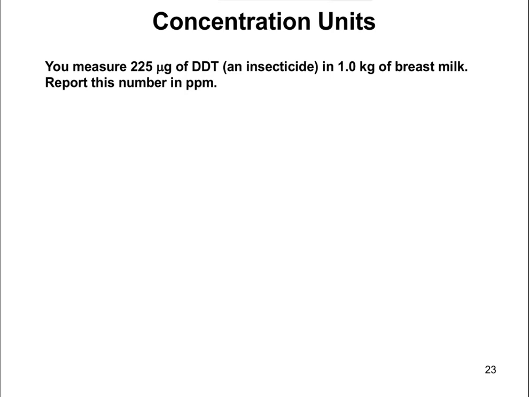Okay, so first thing we notice is that we have 225 micrograms and we have 1 kilogram. Well, we know that part per million is going to be mass over mass times 10 to the 6, which is a million. Now the trick here, remember, is that our masses have to have the same units.